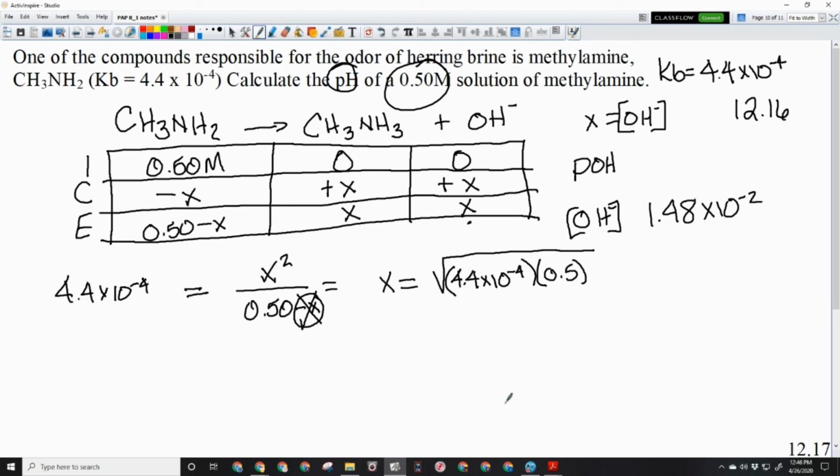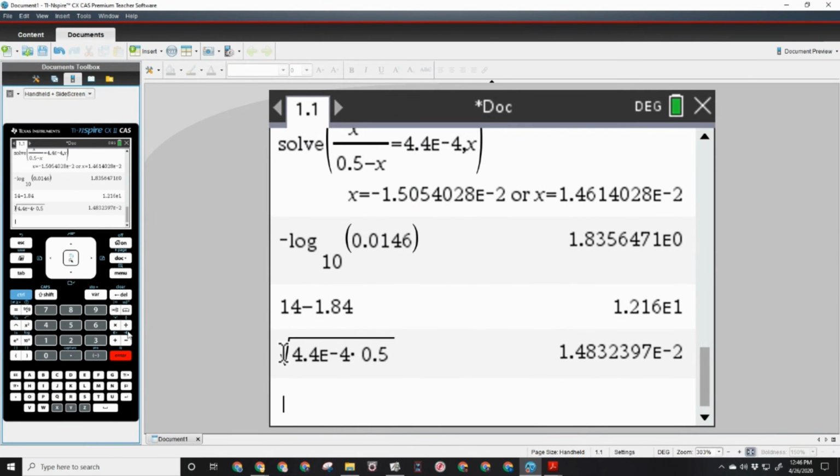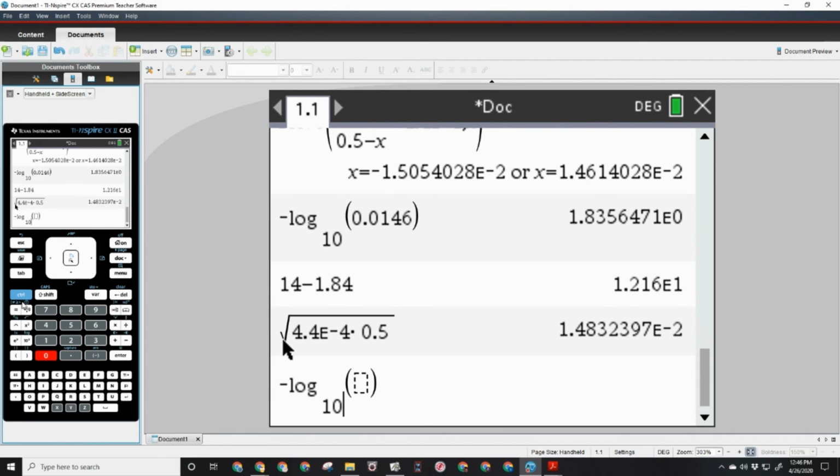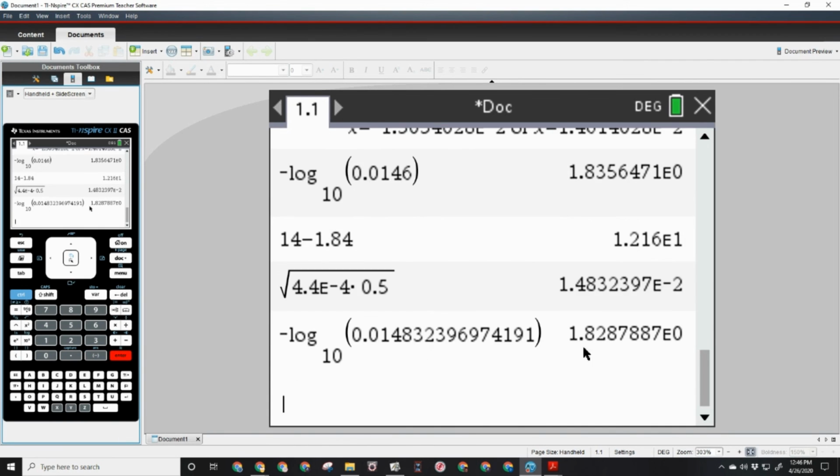So if I take the negative log of that, I'm just going to put in the answer, which is that function on the calculator, ANS. So that's going to give us 1.83.